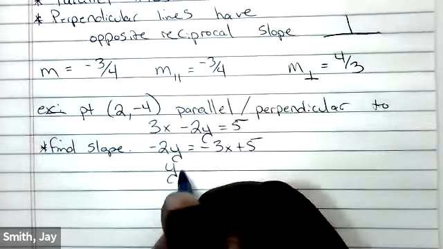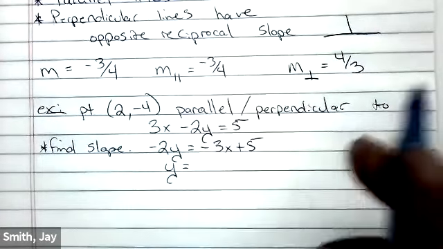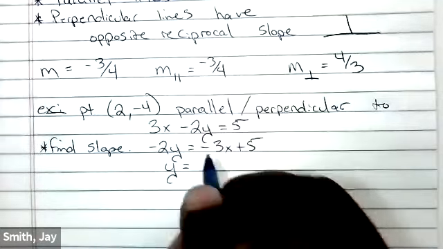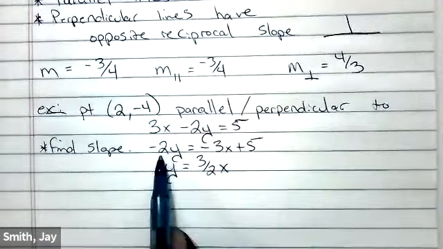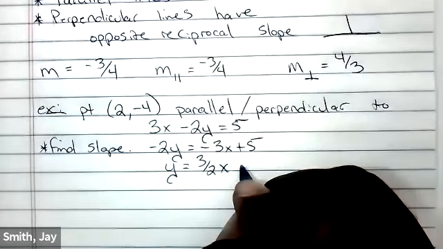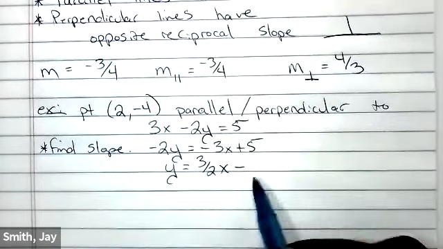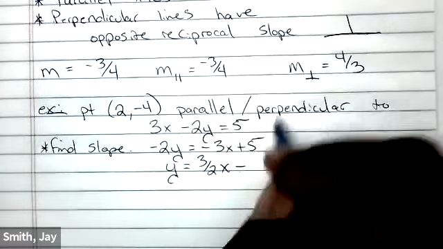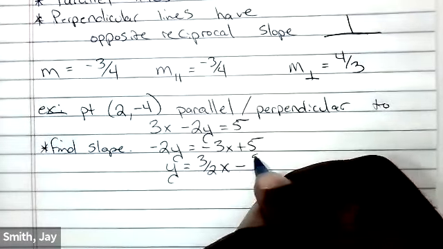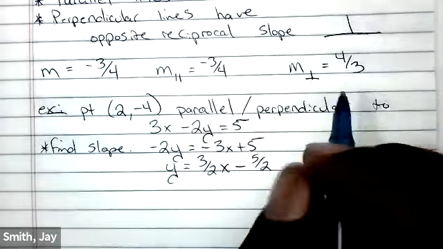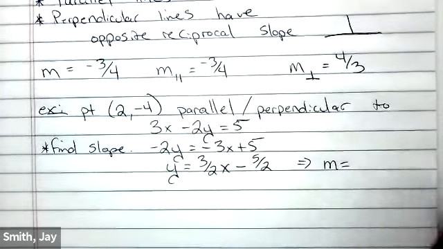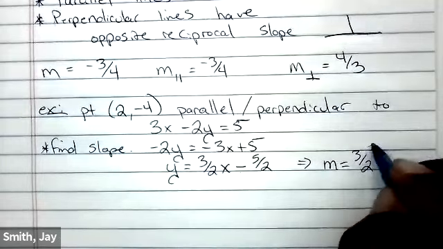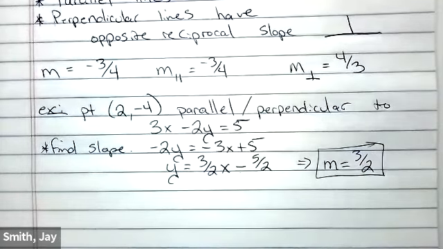And then again, to get the y by itself, we must divide everything by -2. So this will give me y is equal to positive 3/2 x, because a negative divided by a negative is a positive. Positive divided by a negative gives me a negative 5/2. All right. The biggest thing is that we can get the slope of the line that we're given, positive 3/2, because that's the number in front of x.